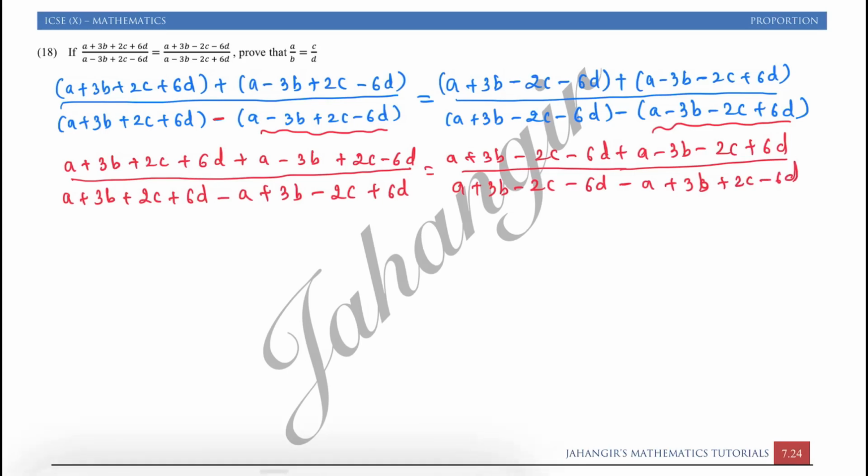Let's see how it gets cancelled. Here I can cancel 3b and 6d. Same way I can cancel here 3b and plus minus 6d, and in the denominator I can cancel a and 2c. Same way it will get cancelled on the other side.